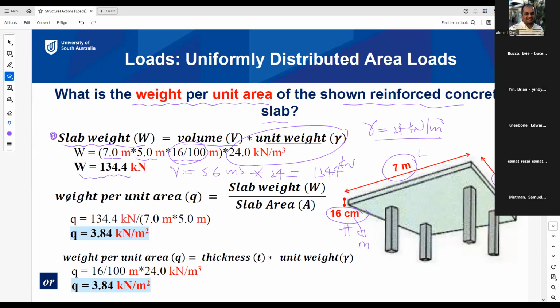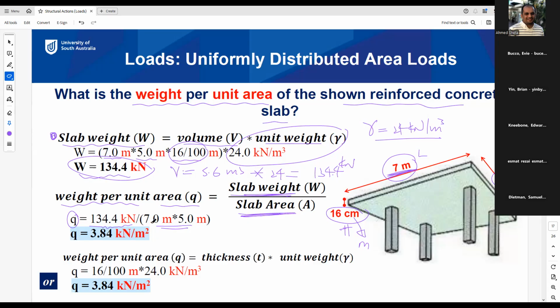Now we need to find the weight per unit area of the slab. So the weight per unit area of the slab will be the slab weight over slab area. We already know the slab weight, which is 134.4. What is the area of this slab? The width times the length. So the width is 5, the length is 7.